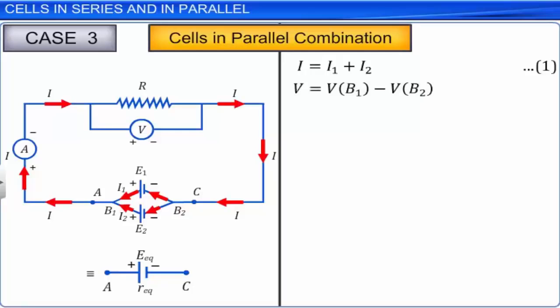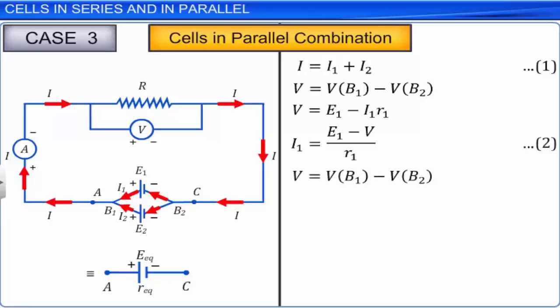V is equal to E1 minus I1 into R1. Rearranging the terms, we can write I1 is equal to E1 minus V divided by R1. Let this be equation 2. Similarly, taking points B1 and B2 to be across cell 2, we can write V is equal to VB1 minus VB2.